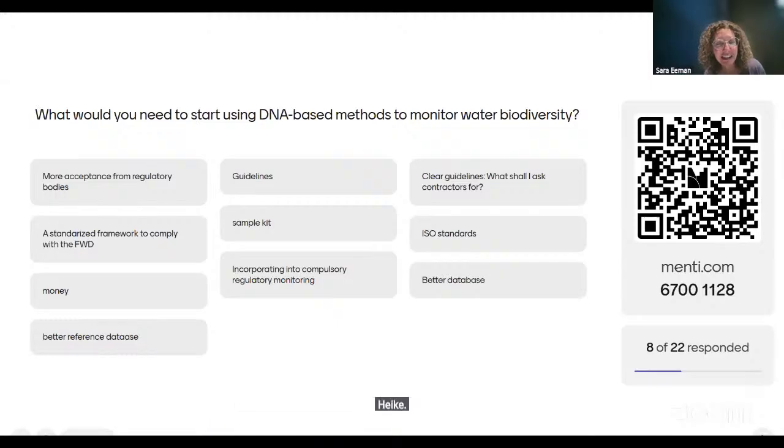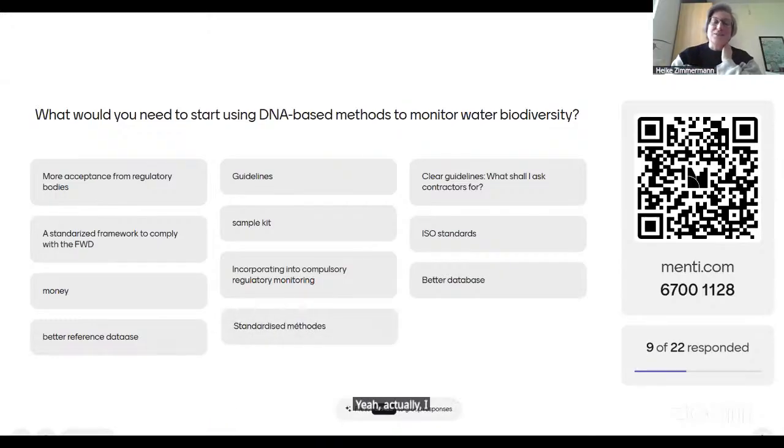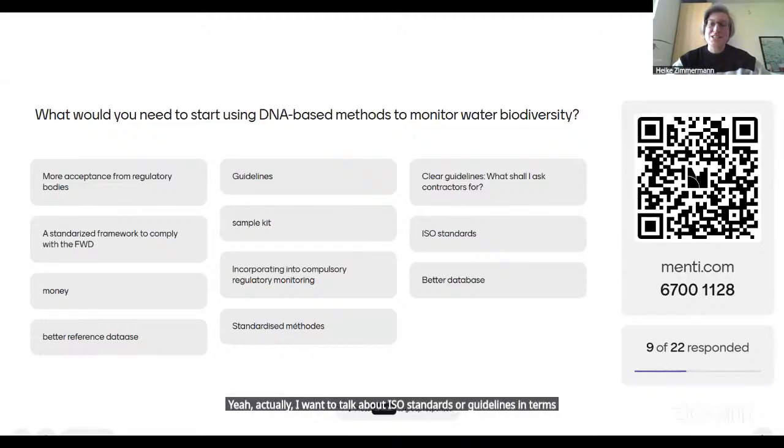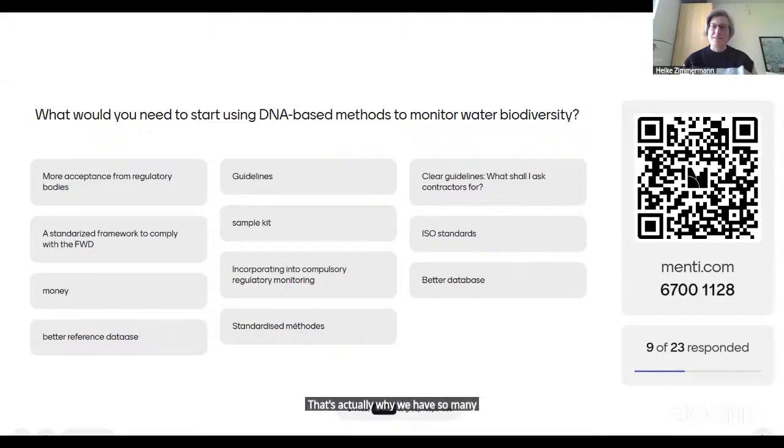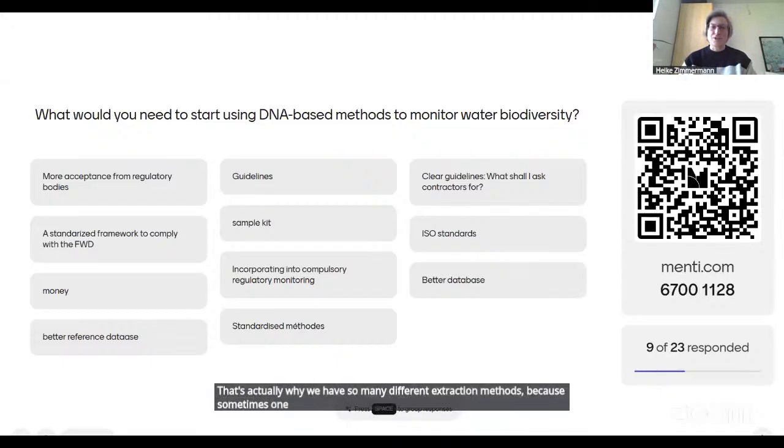Heike, did you want to add something? Yeah, actually, I want to talk about ISO standards or guidelines in terms of sedimentary ancient DNA, because here we look at sediments, and especially in marine sediments, the sediments are very different. They have different mineral compositions. Sometimes there are huge amounts of inhibitors. So that's why we have so many different extraction methods, because sometimes one method works for a variety of sediments or layers, and then for some sediments it just doesn't work at all, and then we have to shift.